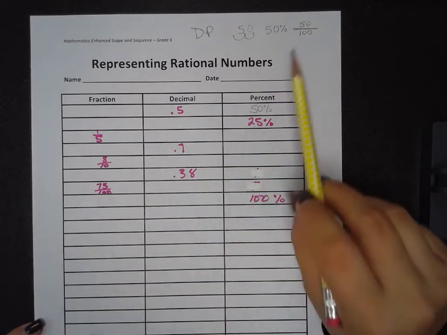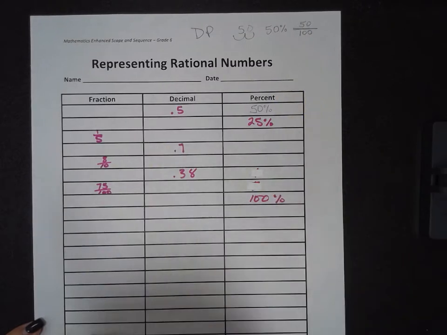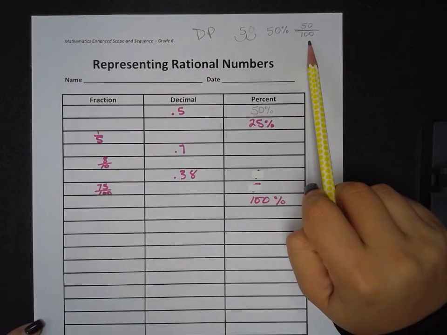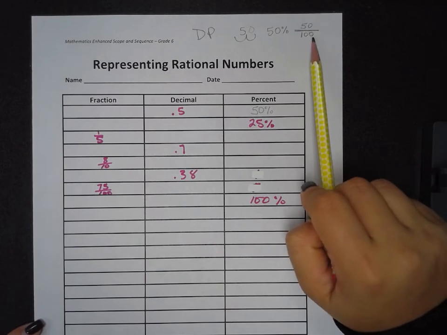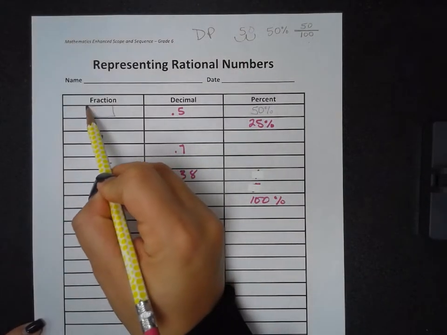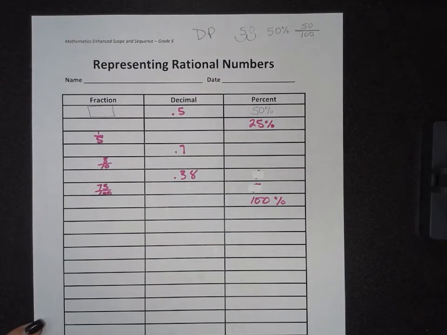So that means I need to decide what number I can divide both 50 and 100 by in order to get my fraction. So I start here with my percent over 100, then I'm going to simplify, and then once I've simplified, I'm going to put my number here.